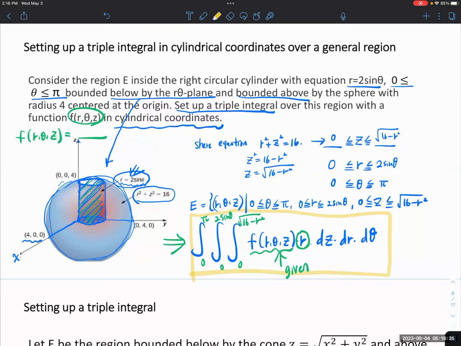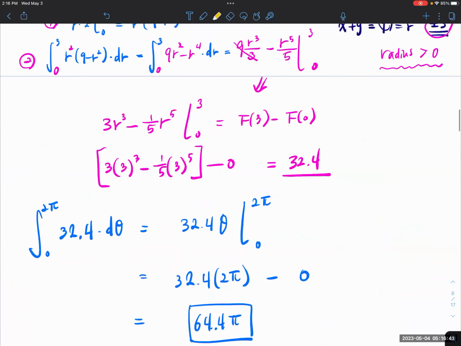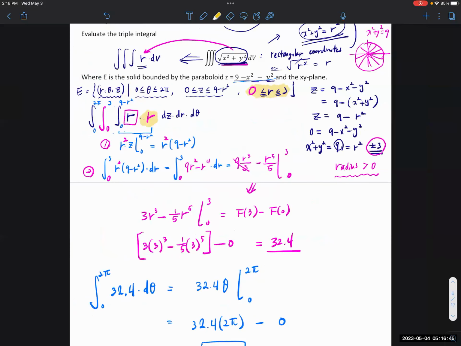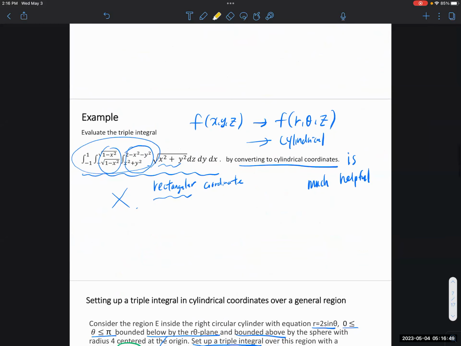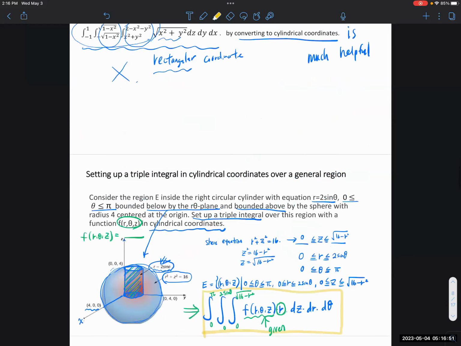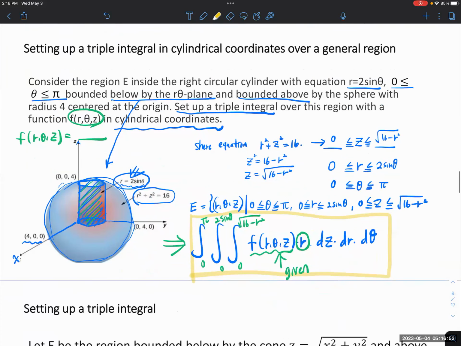I might not ask you to really take the triple integral unless I'm giving you a simple equation. You can try this one, but it's a lot, and this one you could see on the final because the numbers were not that crazy. I'm not going to put that kind of question on the final. But I might ask you to set up the triple integral with the given information. Okay. So we don't need to continue, just stop there. That's it.